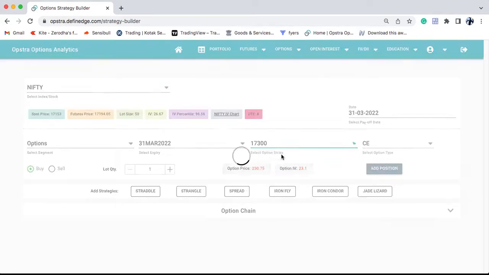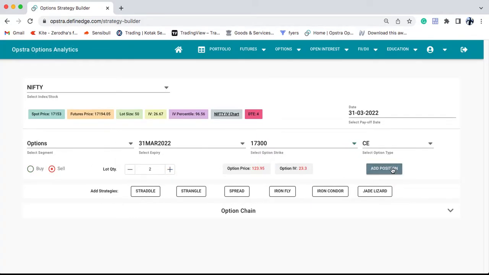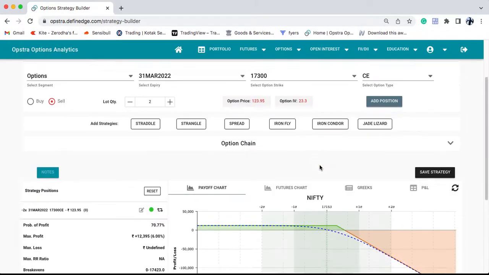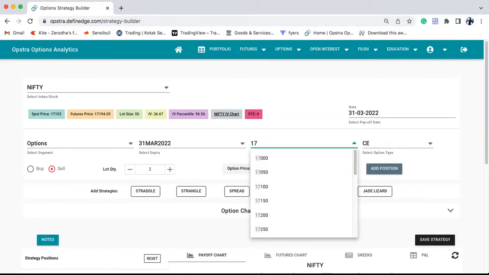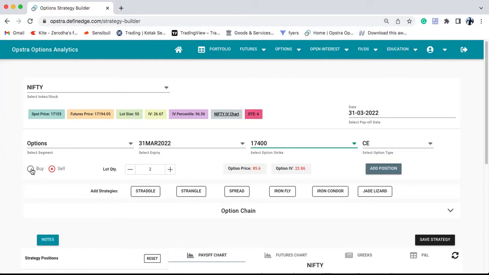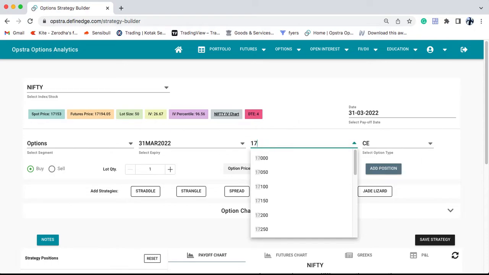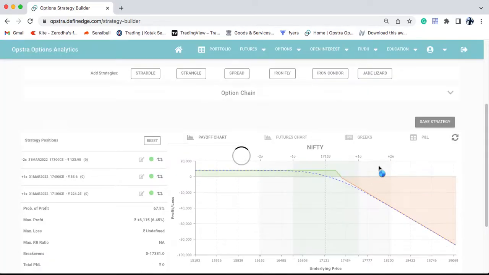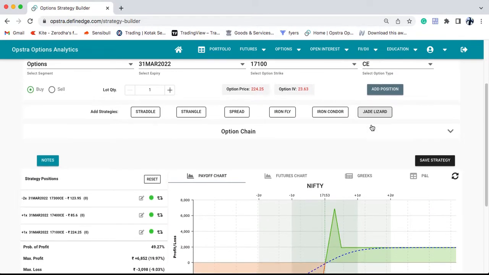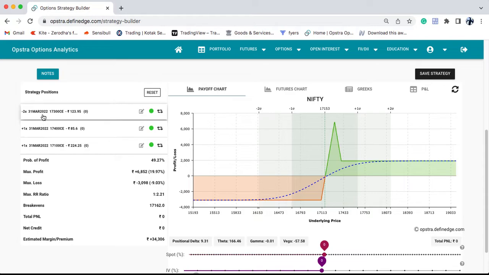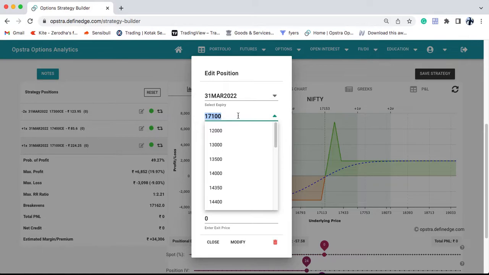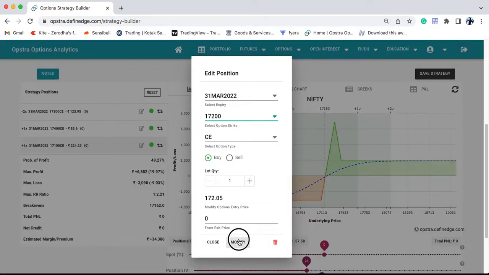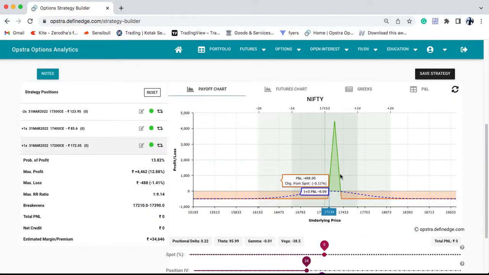Then you can sell 17,200 call 2 lots and buy 17,400, which is an out of the money call, 1 lot, and 1 in the money call, which is 17,100, 1 lot. Sorry, this should be 17,200. Now this is how your strategy looks.